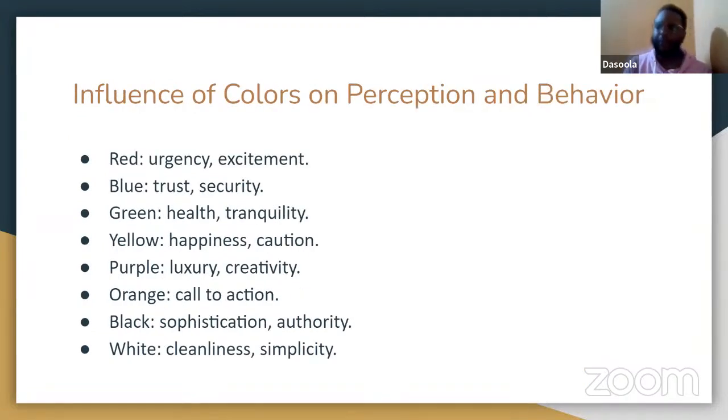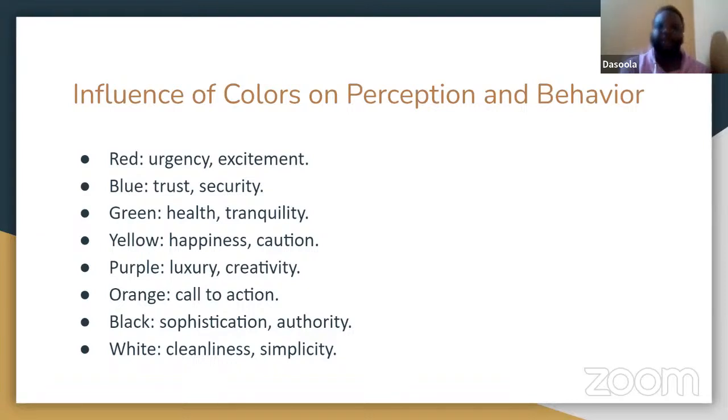So, influence of color on perception and behavior. Just looking at this here, I hope everyone can see what I'm saying. It's basically that as humanity has gone, as civilization has improved, we have gotten to a certain point where certain colors in certain parts of the world elicit a certain emotion from us.